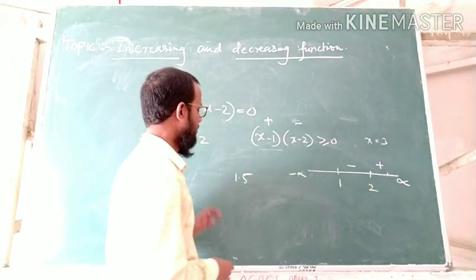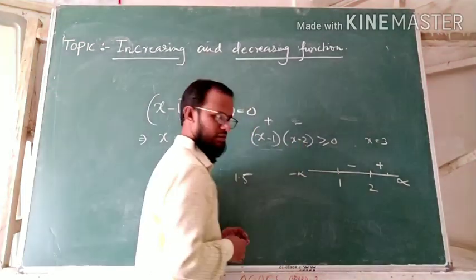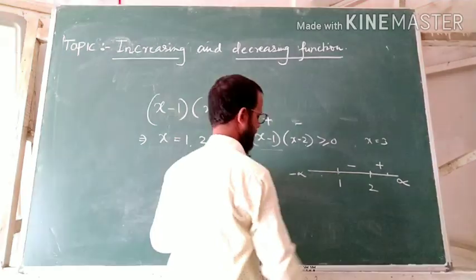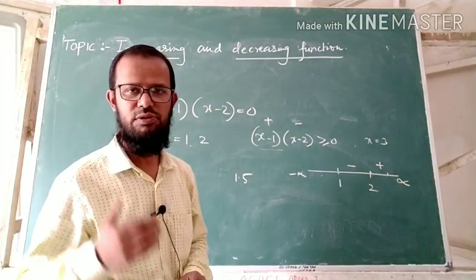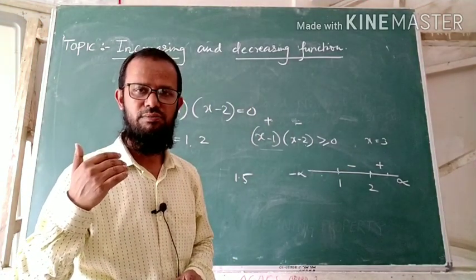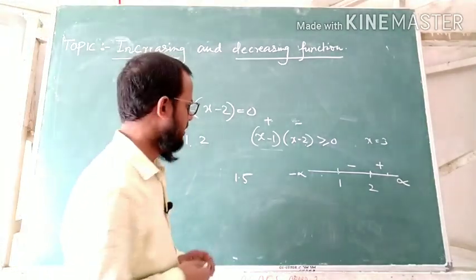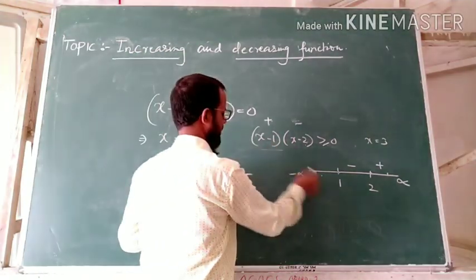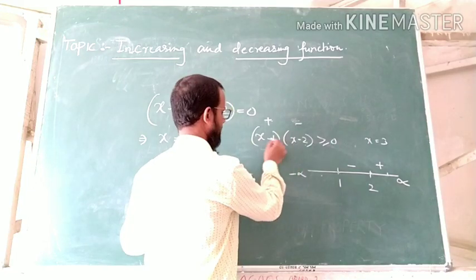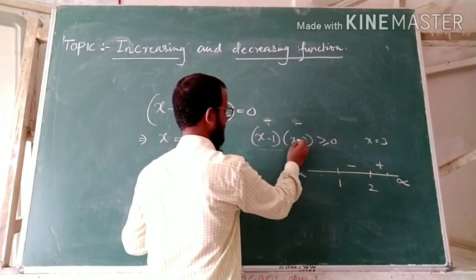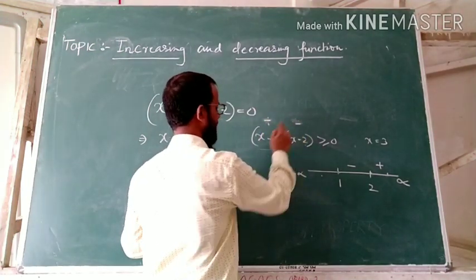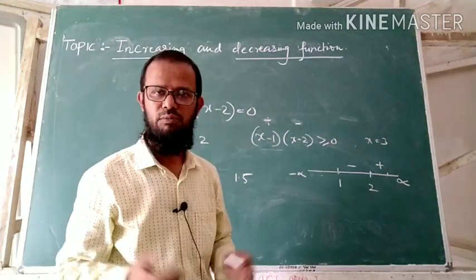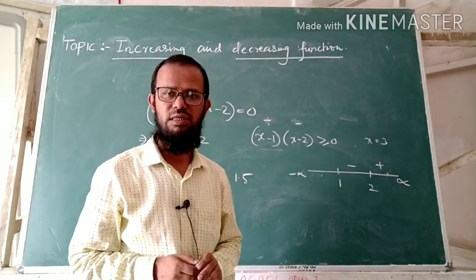Now take a point in the part less than 1, suppose 0. Put 0 here. 0 minus 1 is negative, and 0 minus 2 is negative. Negative into negative is positive.